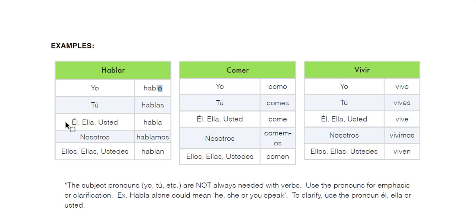But we can get to a point where we've been talking about him for so long, we don't even need to use él anymore, right? We could just use the verb habla. Okay? So if your subject is well established and you don't need a pronoun for clarity, then you can just use the verb with its proper ending. Anyway, so keep that in mind.